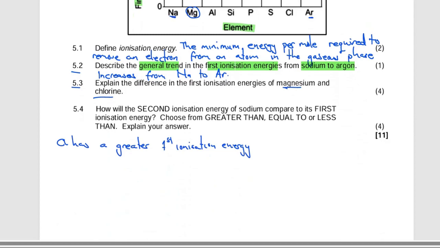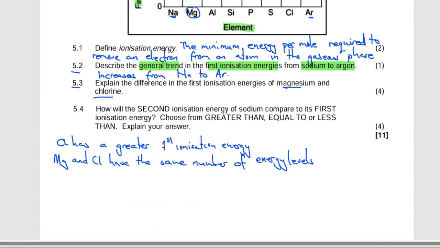Then I'm going to say chlorine and magnesium have the same number of energy levels. Magnesium and chlorine, Mg and Cl, have the same number of energy levels, remember, they are within the same period.